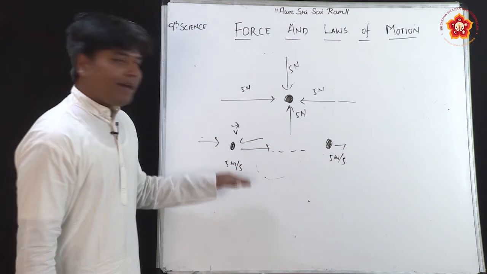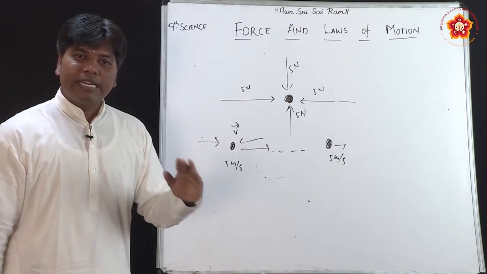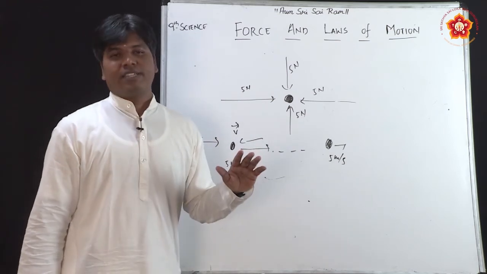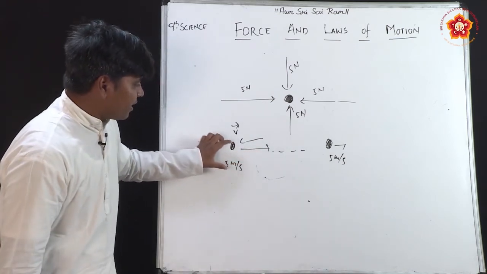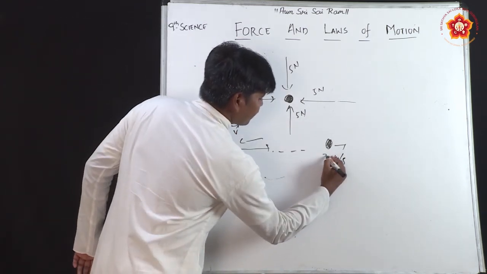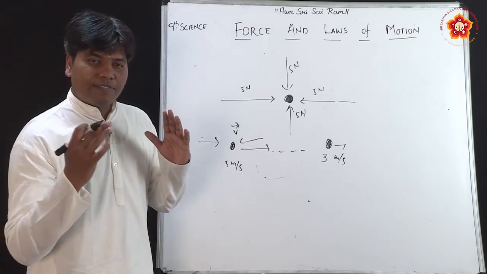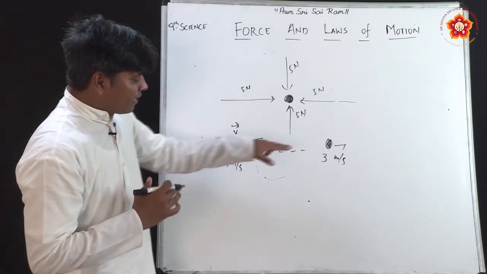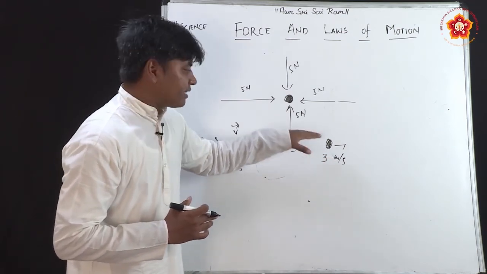For unbalanced force, the criterion is that it should increase or decrease the velocity. If you see this moving body, and at this time it became 3 meters per second, that means some kind of unbalanced force is on this body, which is why it is slowing down.